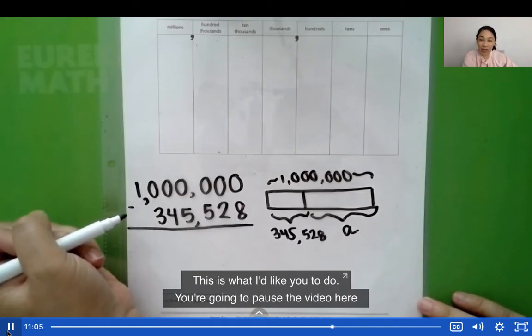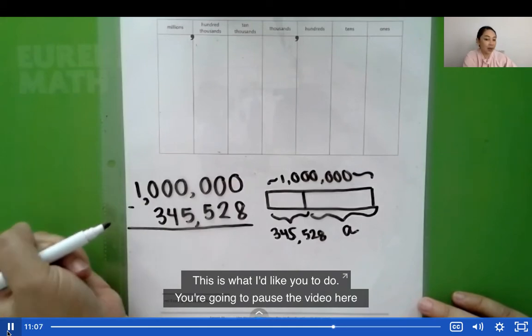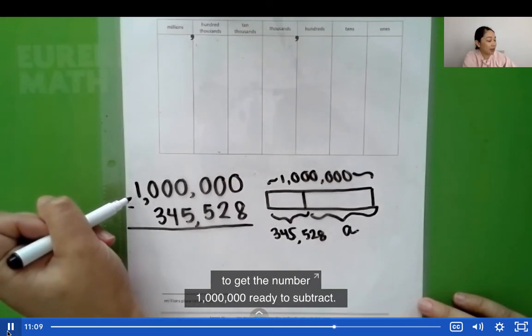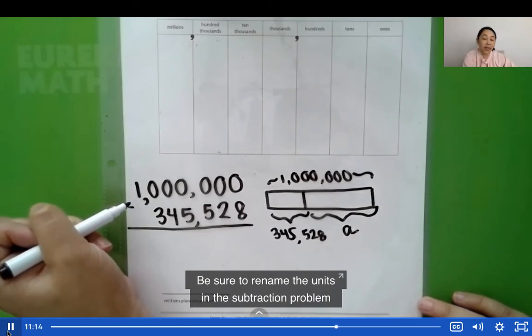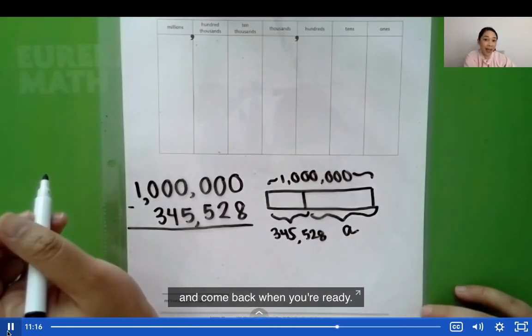This is what I'd like you to do. You're going to pause the video here to get the number 1 million ready to subtract. Be sure to rename the units in the subtraction problem and come back when you're ready.